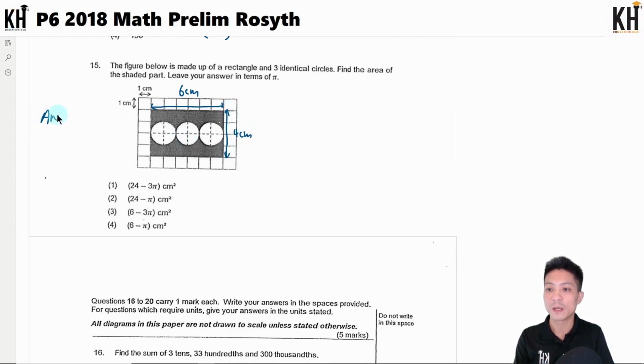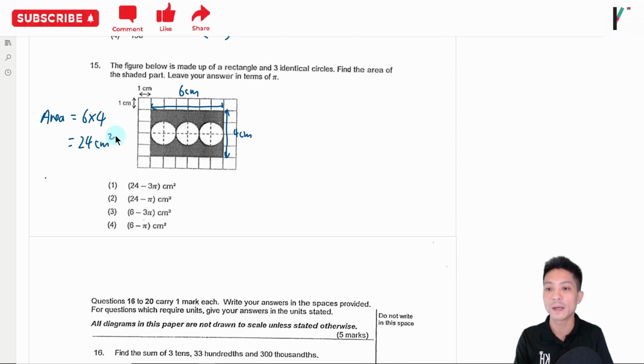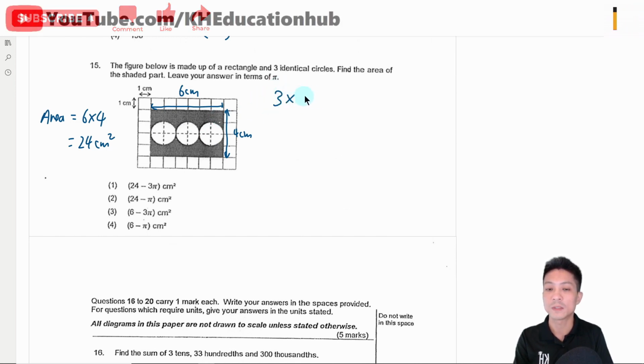So the area is 6 times 4, which is 24 square cm. Next thing we need to figure out is the area of the 3 circles. 3 circles times pi times what is the radius? The radius is 1, squared, right?